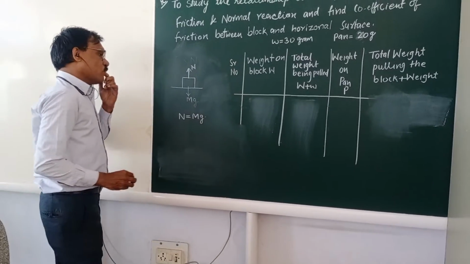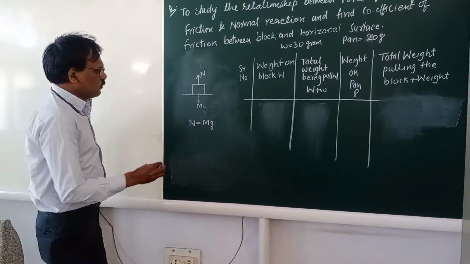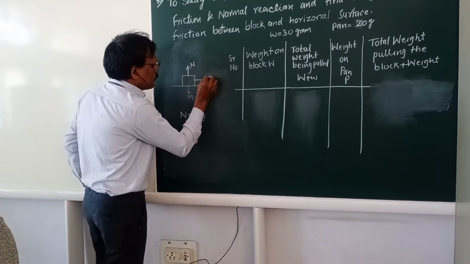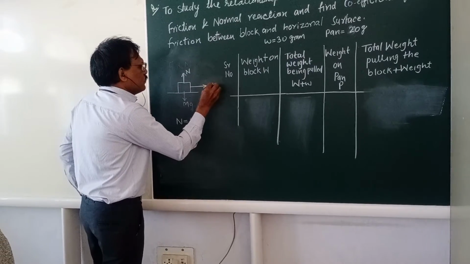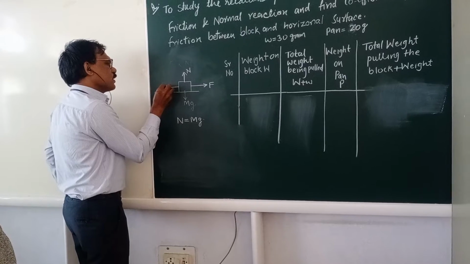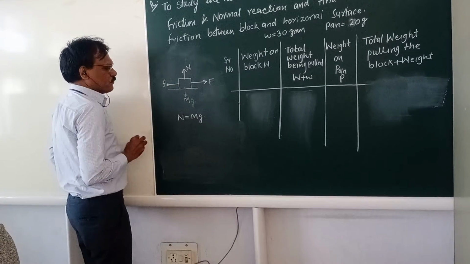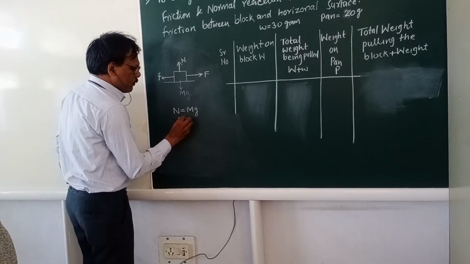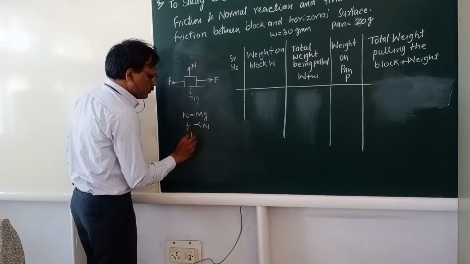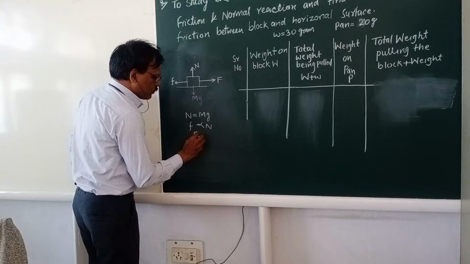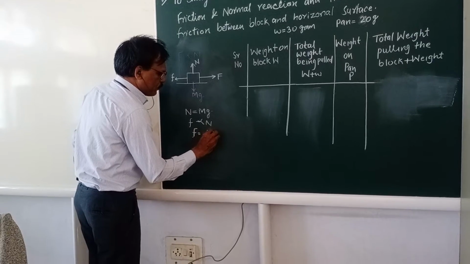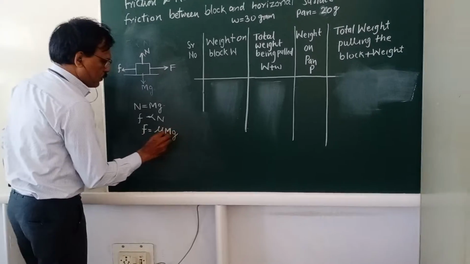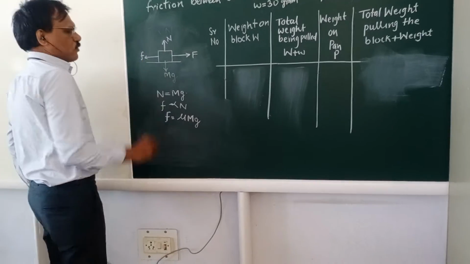But on which factor does the friction depend? Suppose an external force is applied this side, so frictional force acts in this direction. Frictional force is directly proportional to N. To remove this proportionality sign, F equals mu m into g, where m is the mass of this block.